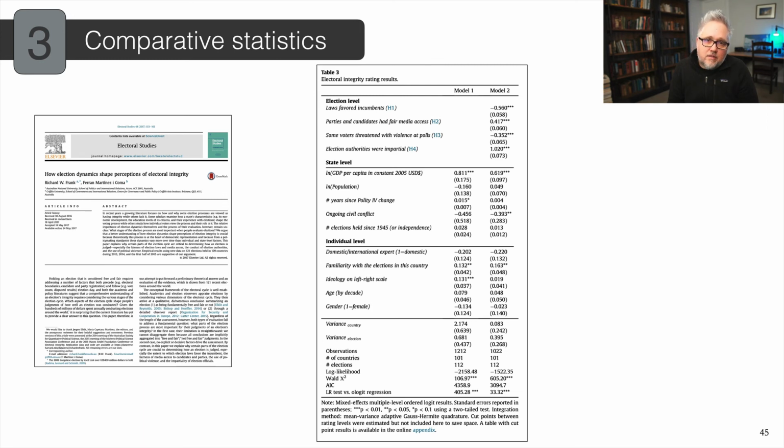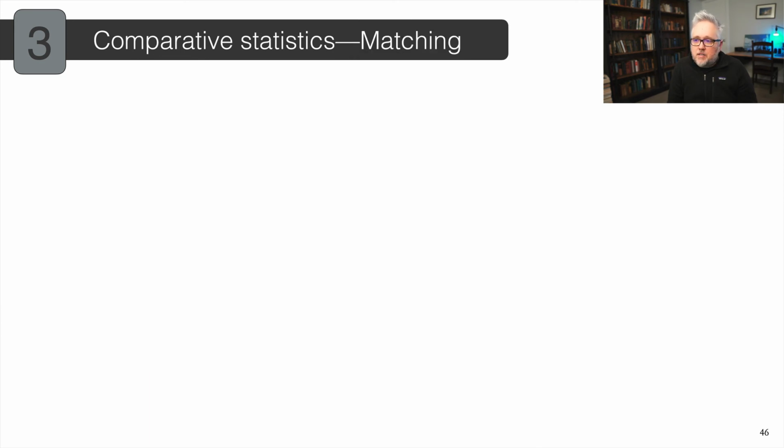More violence or threatened violence decreased election integrity. You can tell that by the negative coefficient, and the three stars suggest that it's statistically significant, and the impartiality also increased the perceived integrity. So you have state level, individual level, as a way to try to include all the potential explanations for the specific scores.